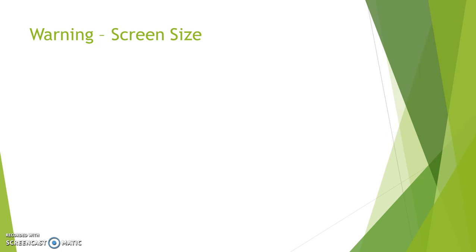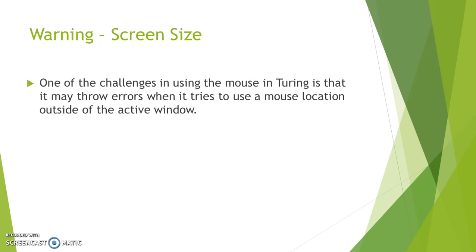Now, a quick warning about screen size. You may have decided to use the code that you found in the reference as a starting point. One of the challenges in using the mouse in Turing is that it can throw errors when it tries to use a mouse location that's outside of the active window.